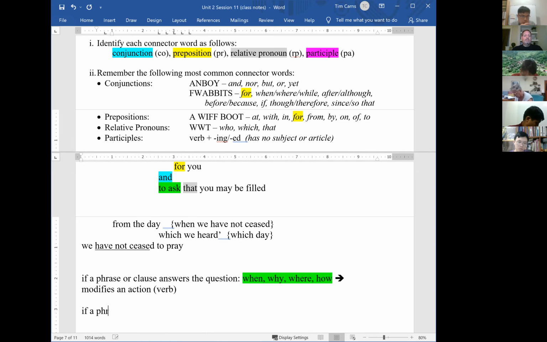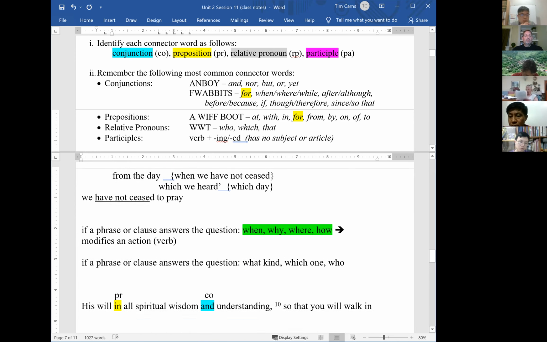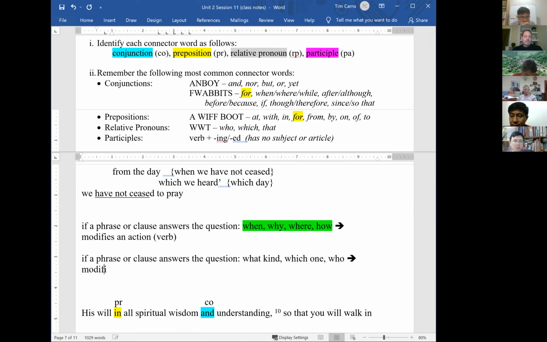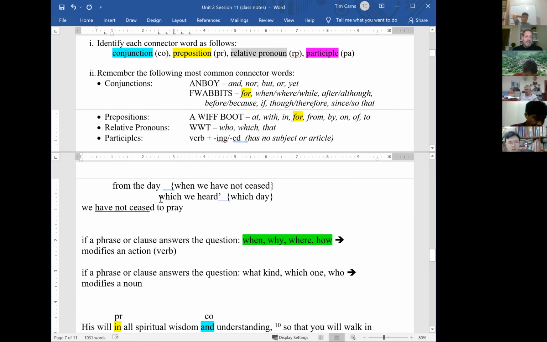If a phrase or clause answers the question what kind, which one, who, that modifies a noun. So for example, here, from the day which we heard, that's describing the day.